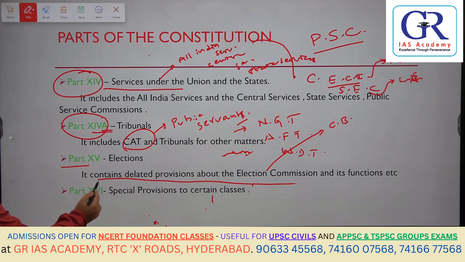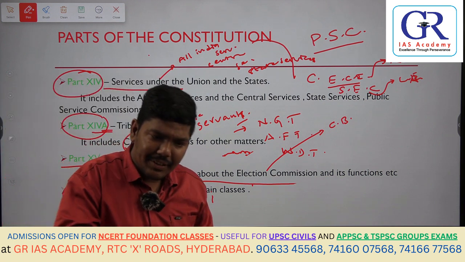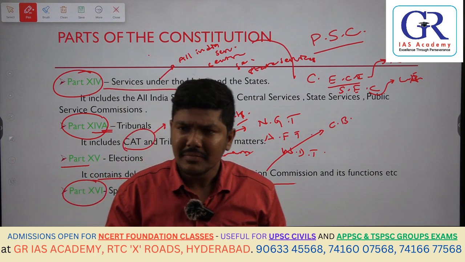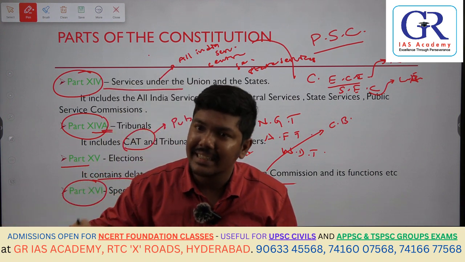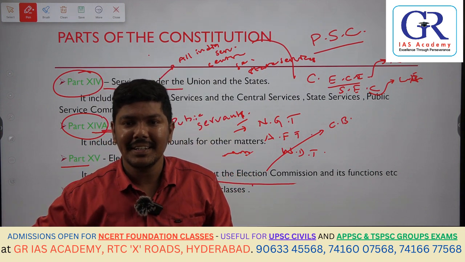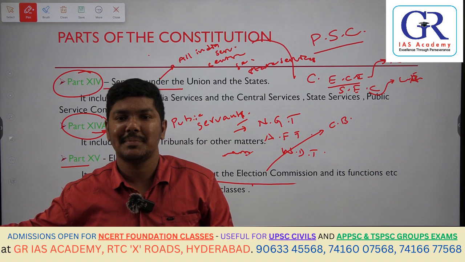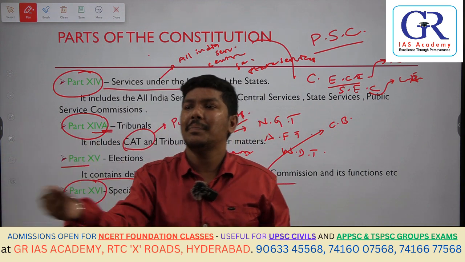Then this is part 16 of the Constitution. We know that even though everybody is equal, there are certain communities which are a little backward. There are certain communities which are marginalized, for example, scheduled castes and scheduled tribes. It is the duty of the government to bring them forward. How will you bring them forward?